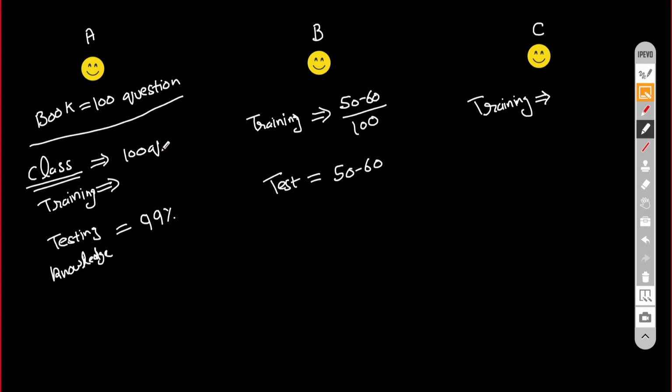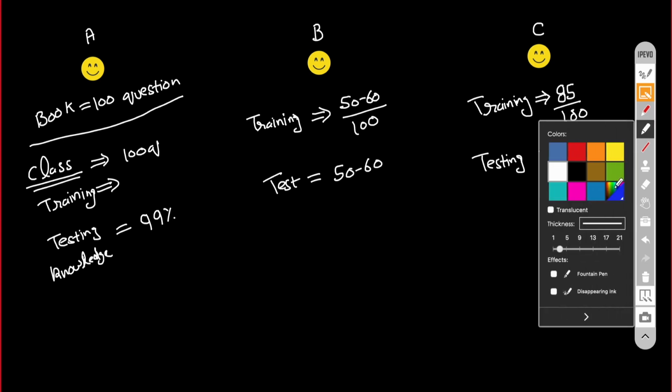So he is not able to understand all 100 questions, but say 85 out of 100. But when testing is happening, he is able to score somewhere around 80 out of 100. This student is not the topper but able to understand the topic in such a way that he can do certain things going forward.